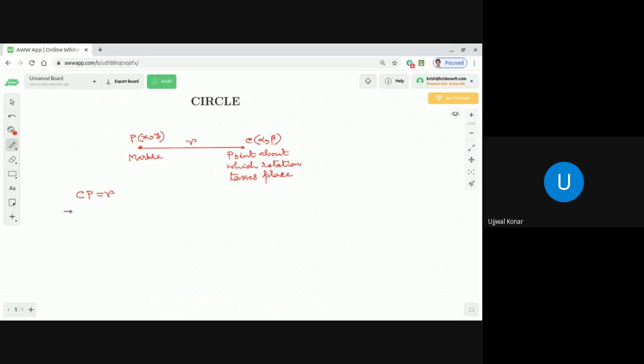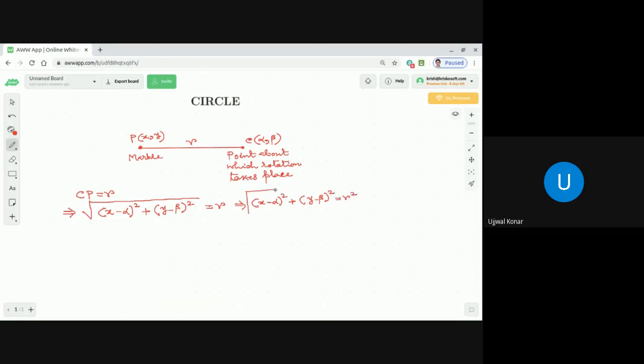That means, from the distance formula, square root of x minus alpha whole square plus y minus beta whole square is equal to R. From here we can say x minus alpha whole square plus y minus beta whole square is equal to R square.